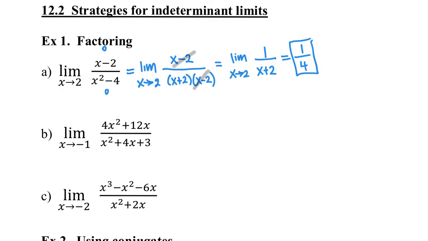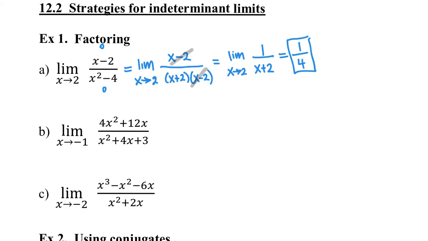Okay, I'm going to go ahead and look at example B. Before I move forward, I want to first think about if this will actually be indeterminate. You can't always factor anyhow, and you can cancel out factors if it makes it easier to evaluate, but it's just not always necessary. So if I plug in -1 in the numerator, I get positive 4 minus 12, which is going to be -8.